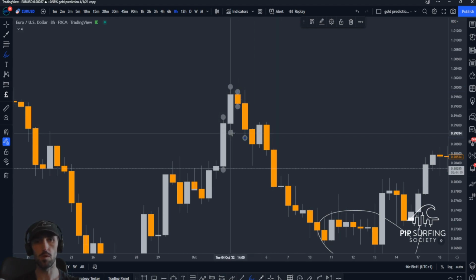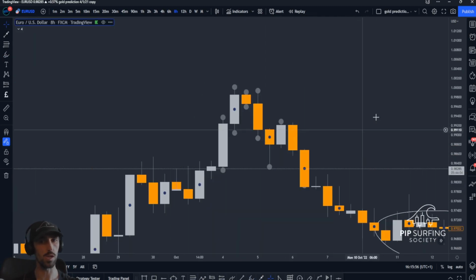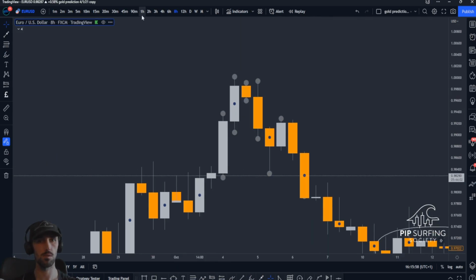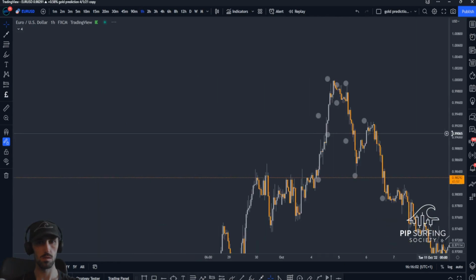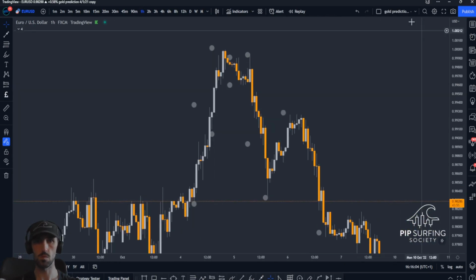We then broke below, structural break. Pull back to the area that caused the structural break, continuation down, putting in a new low, new high, new low, continually moving down, right? Really, really awkward to look at on this time frame, but when we come down to the hour, what do we have?